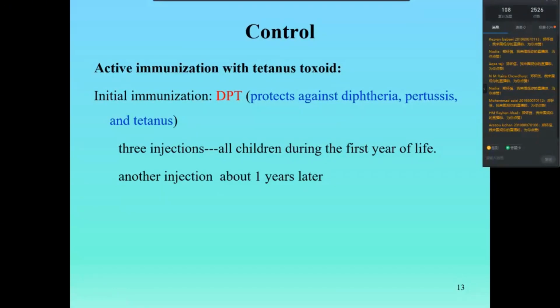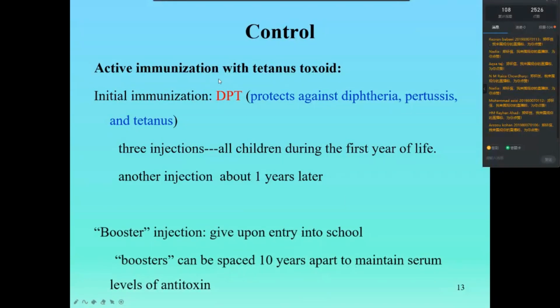And this will set up immunization for the kid and protect them for several years, or about 10 years. So that's the plan in China and also in America, I think. I don't know the plan in your country. Maybe you also get those injections when you are young. So that's the active immunization.